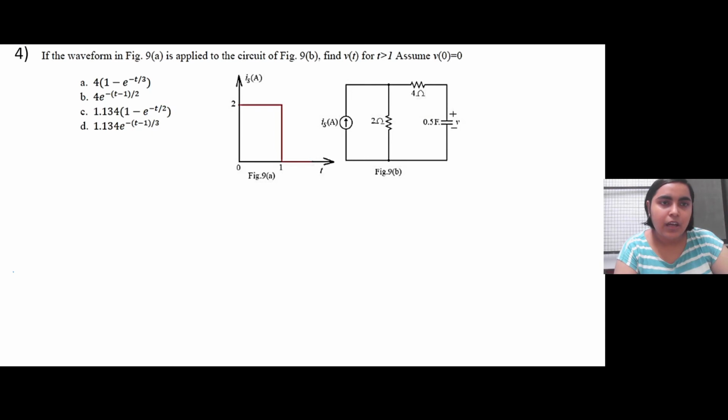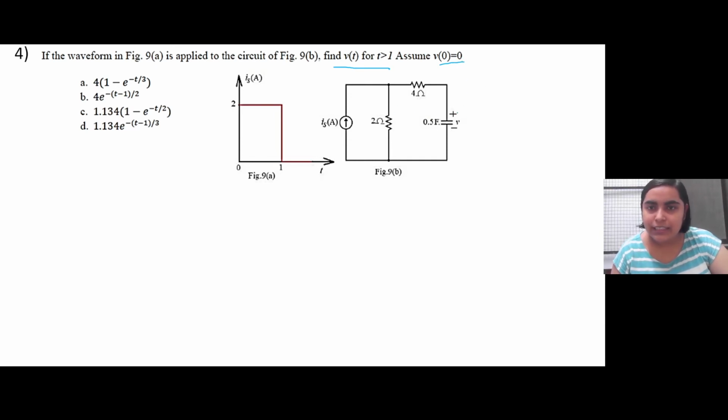So here one particular circuit is given, and it is said that this current waveform is applied, like the current similar to the waveform given here. This current pulse is applied, and we have to find v of t at t greater than 1 second, assuming v of 0 is equal to 0.